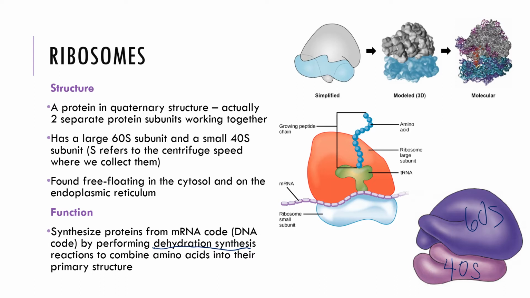Remember, when we remove water from a reaction, we join two different molecules together, two different subunits together. So we'll take one amino acid and another amino acid, and we want to form a peptide bond between them. Well, that's what the ribosome does. It forms that peptide bond, that covalent peptide bond, and we lose water as a result.